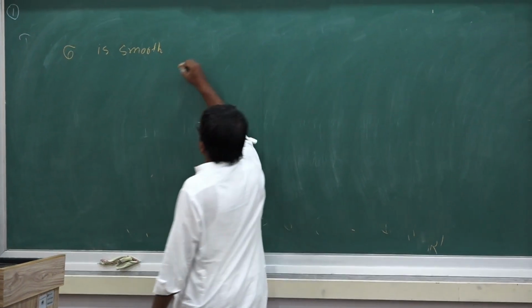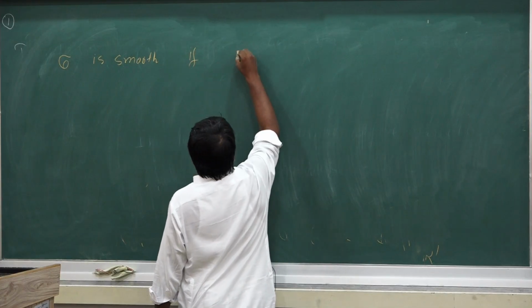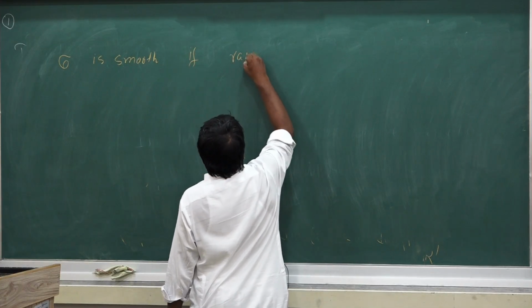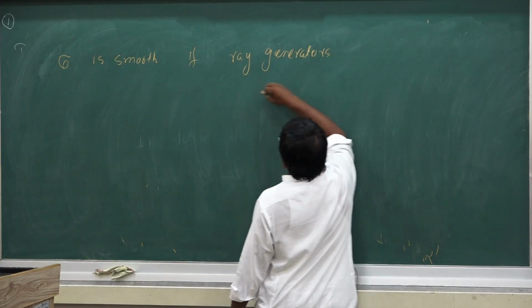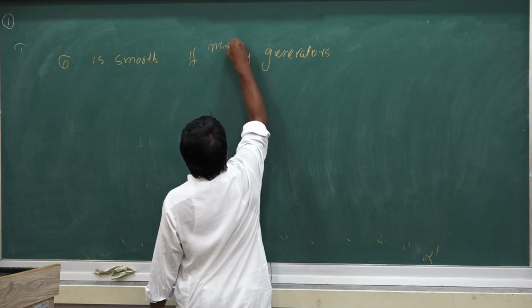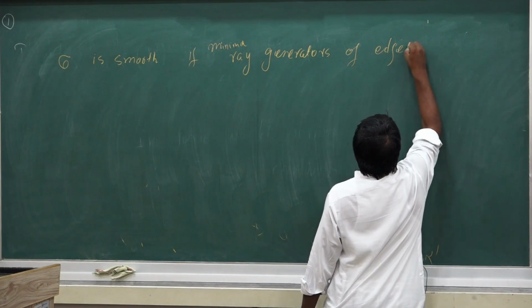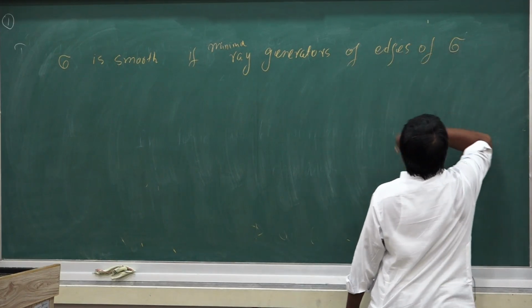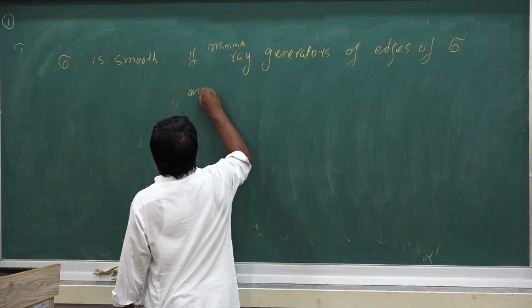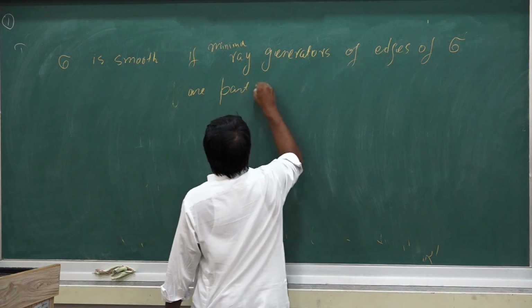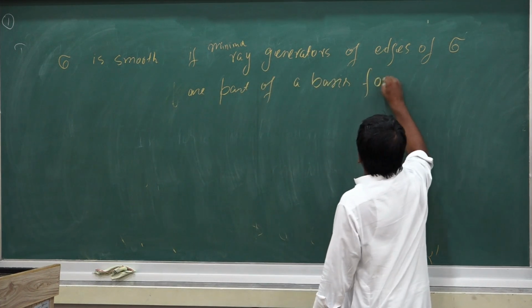So sigma is smooth if the minimal ray generators of the edges of sigma form part of a basis for Z^n.